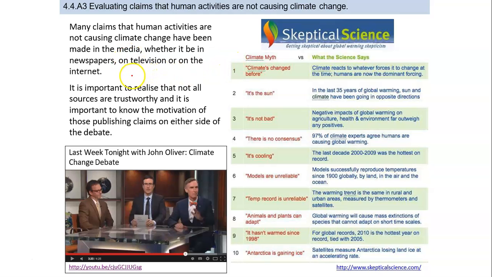Whether it be in a newspaper, television, or on the internet, the point is it's important to realize that not all sources are trustworthy, and it is important to know the motivation of those publishing claims on either side of the debate.